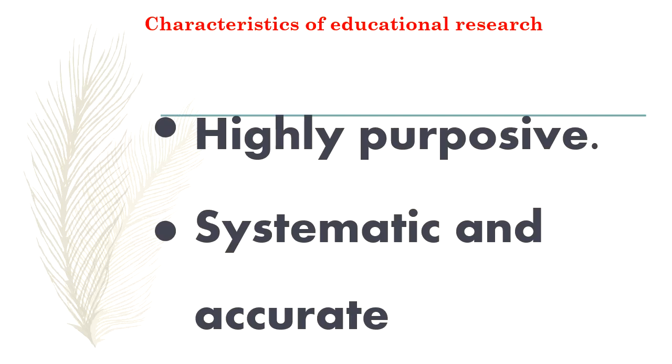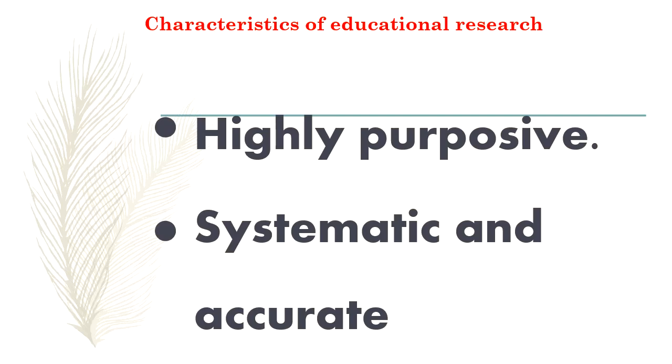Through educational research, we gather new data and new information, and new knowledge is drawn from the data we gather. From the data, we process it to get the information, and that information is again analyzed to draw new knowledge from the data.